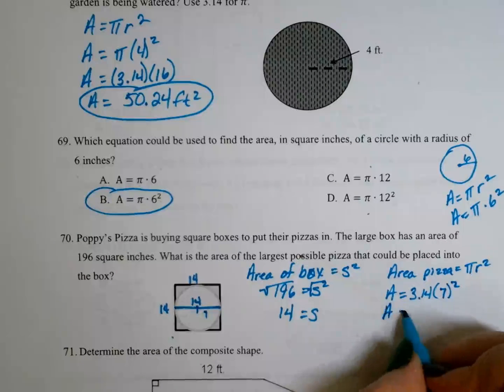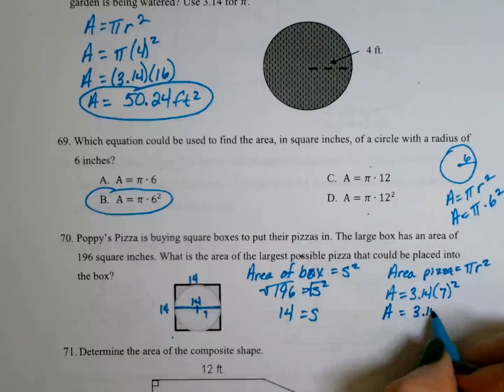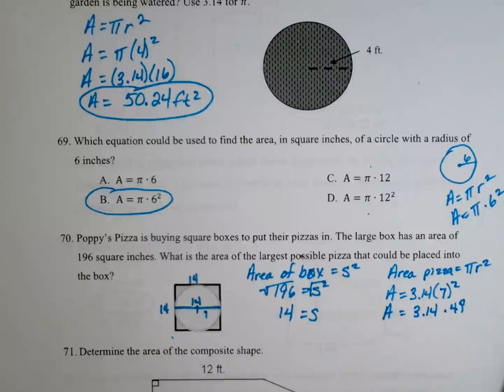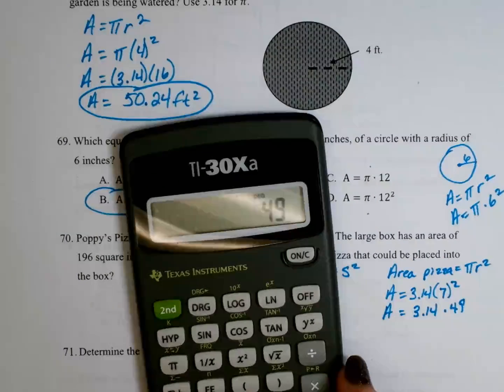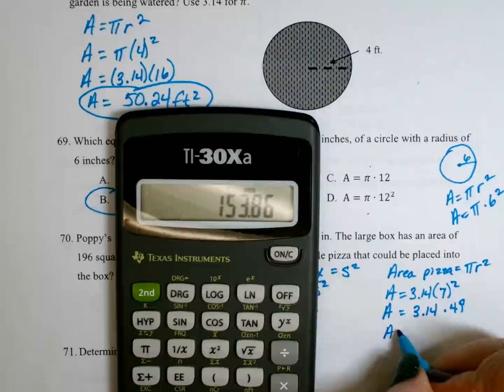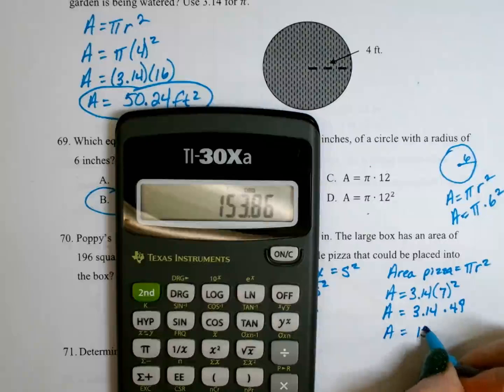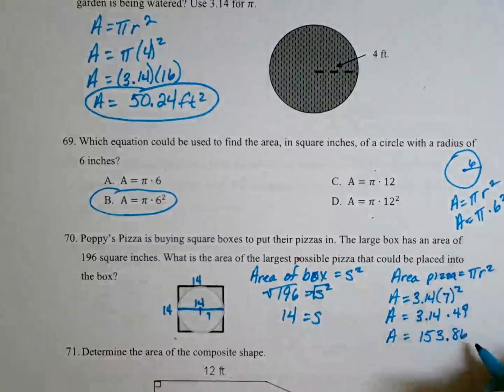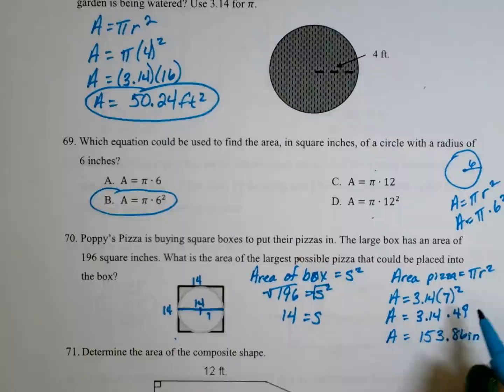So this becomes area equals 3.14 times 49. Okay? 3.14 times 49 equals, area equals 153.86 inches squared.